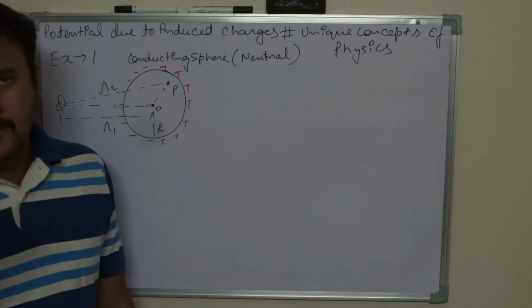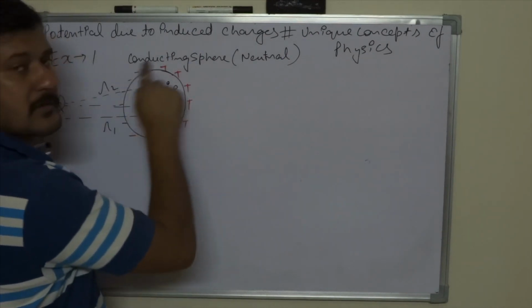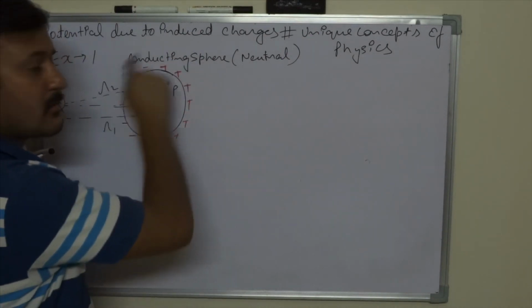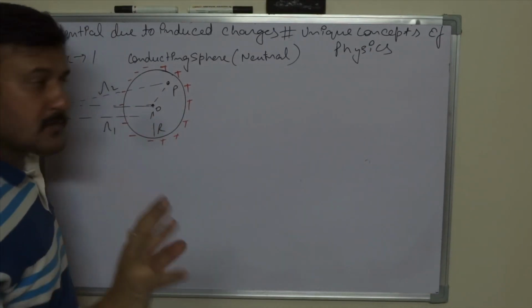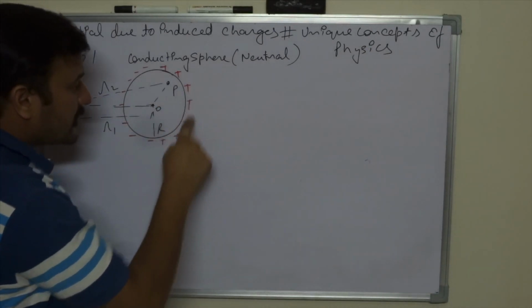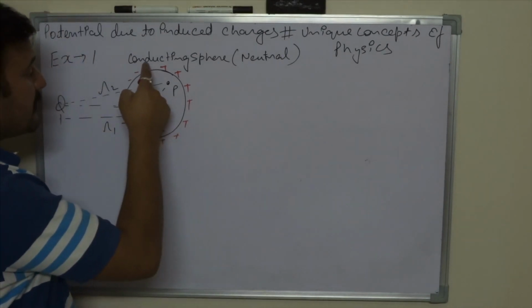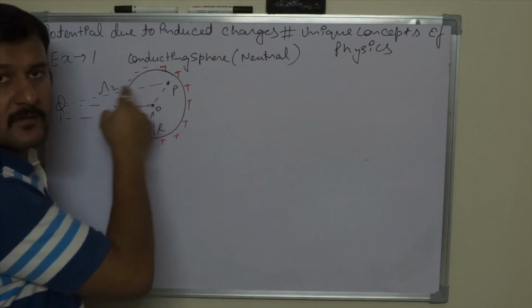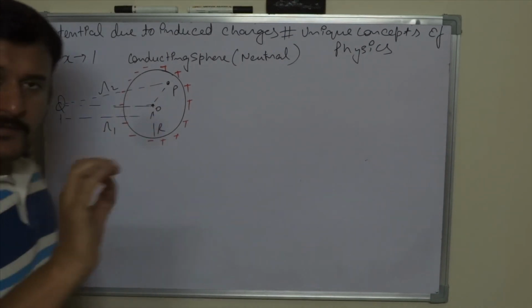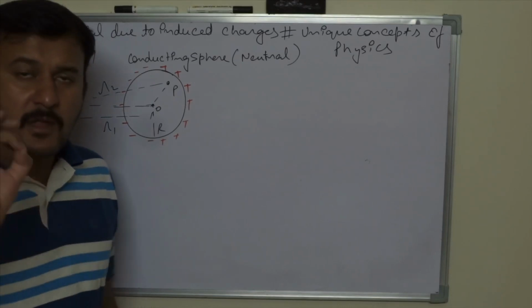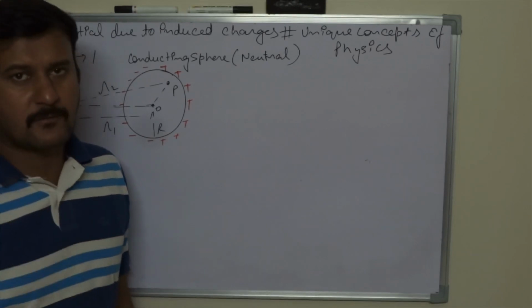So the potential due to this induced charge, whose net charge is 0, will be 0 at the center, because the potential created by the positive charge at the center will be equal to the potential created by the negative charge at the center. So the first thing is that the potential due to induced charge at the center is 0.